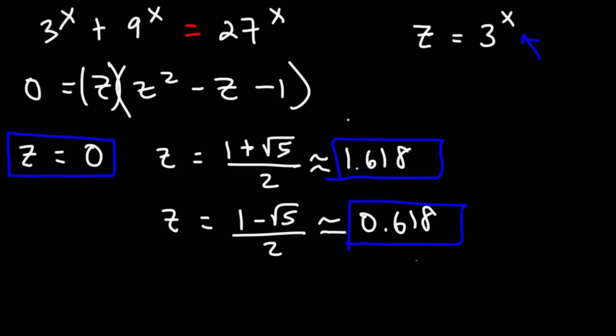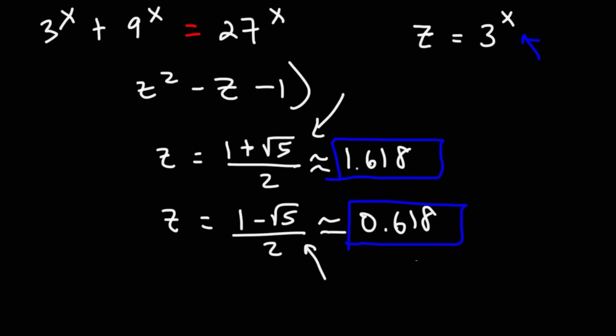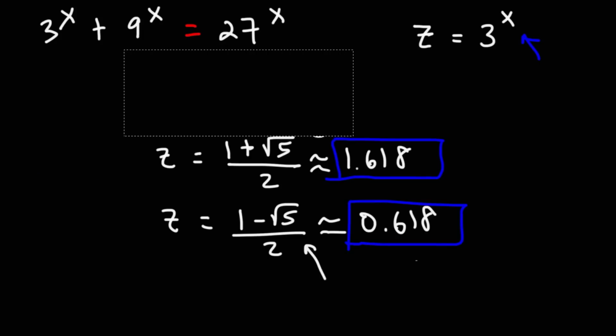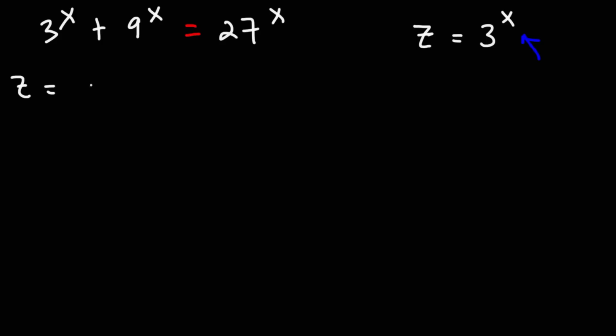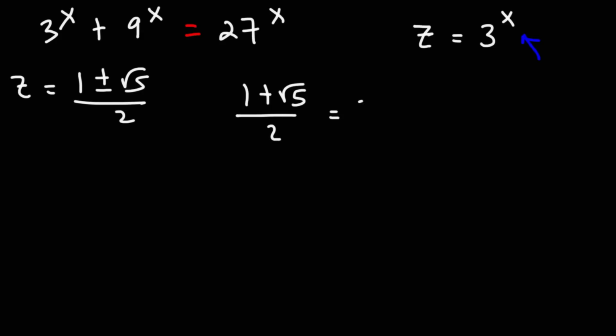So the only other thing we can do is use these values. And I'm going to need some space for this. I'm going to rewrite the answers for z, just to get some space here. So let's start with the first one. Let's replace z with 1 plus the square root of 5 over 2, and set it equal to 3 to the x.